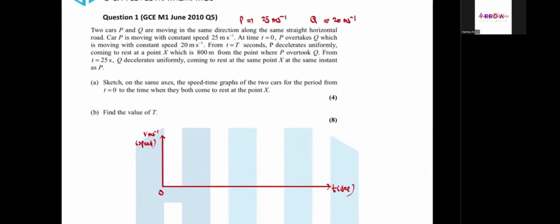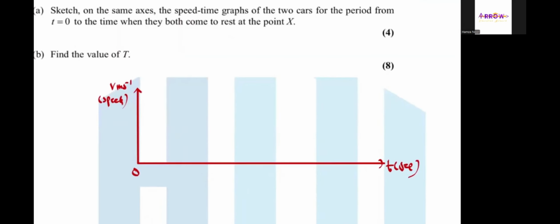Okay, so basically car P is moving with a constant speed of 25 meter per second. So first of all, I'm going to make a horizontal line over here. For car P, the speed is 25 meter per second.